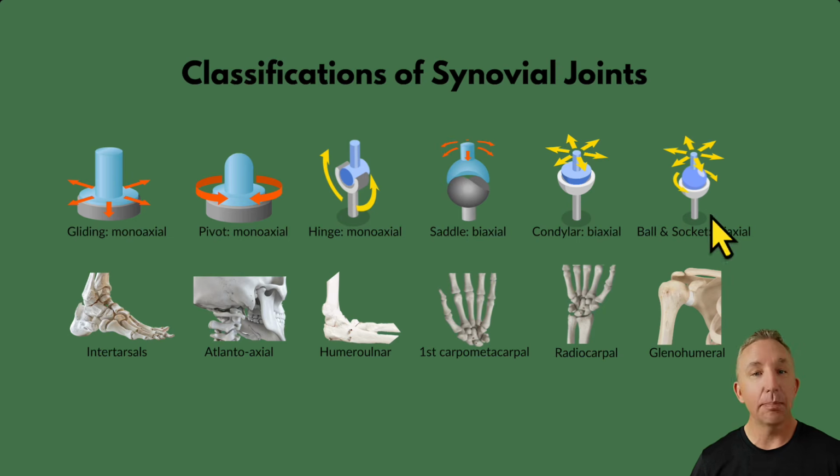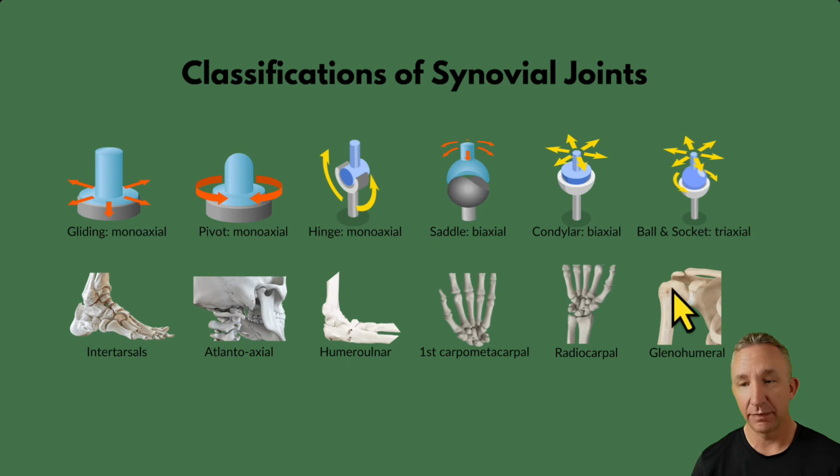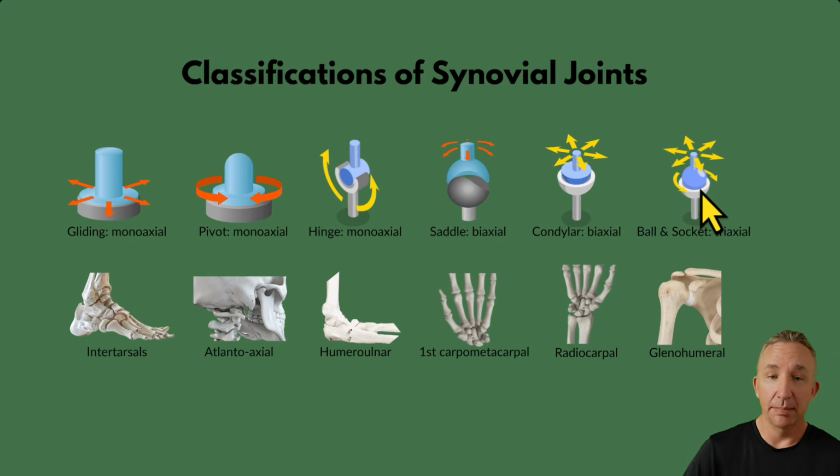And then lastly, a ball and socket is where we have multiple planes, so we call it triaxial. Think about my shoulder and my hips as good examples. I'm showing you the connection of the humerus and the glenoid cavity of the scapula, where you have a ball in a socket, that shallow portion where the head sits inside, and it can move anterior, posterior, medial, lateral, so I can move in multiple directions.